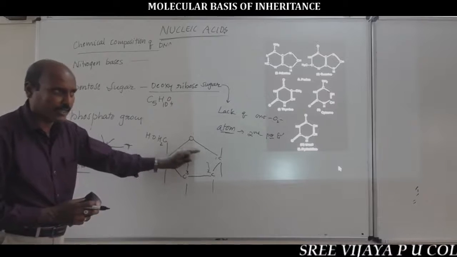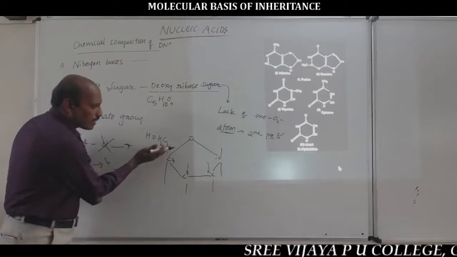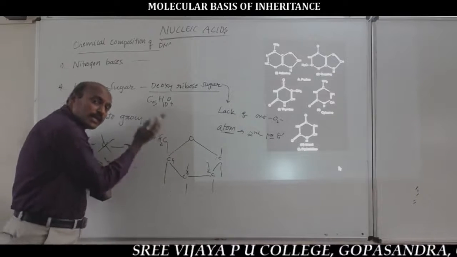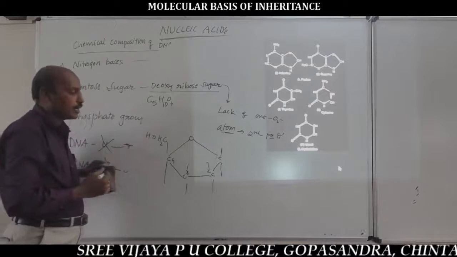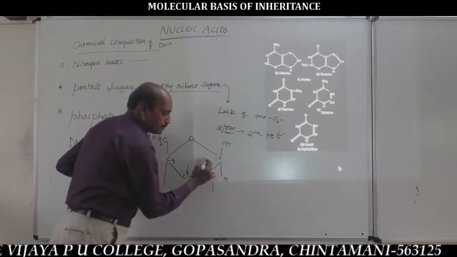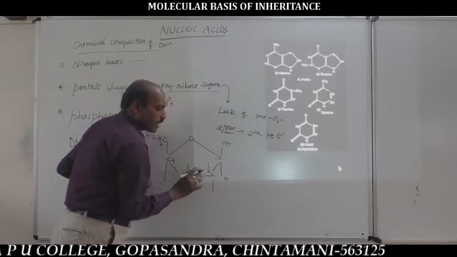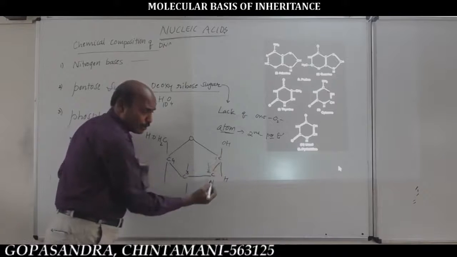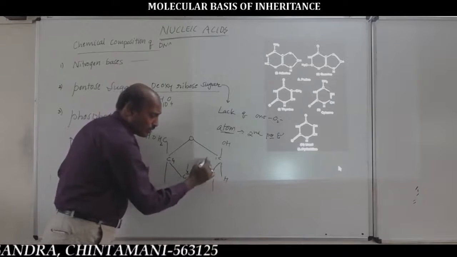Haworth ring, while the 5th carbon atom is present outside the Haworth ring, and at every position of carbon atom is an oxygen group in the form of OH, hydroxyl group.